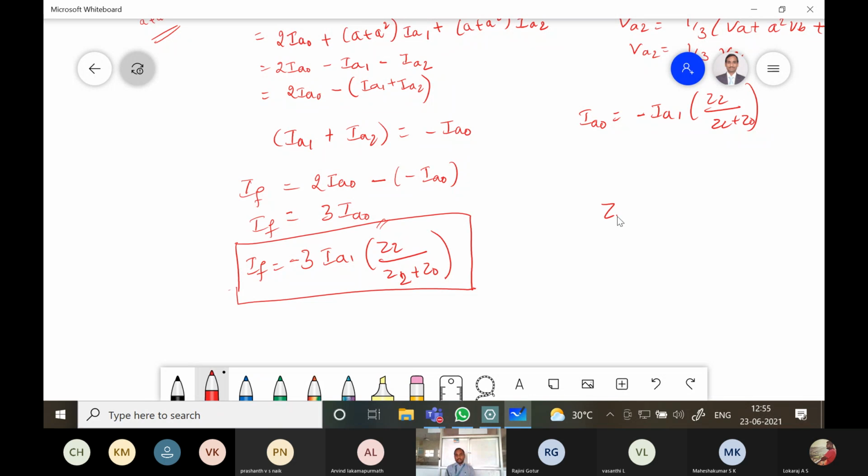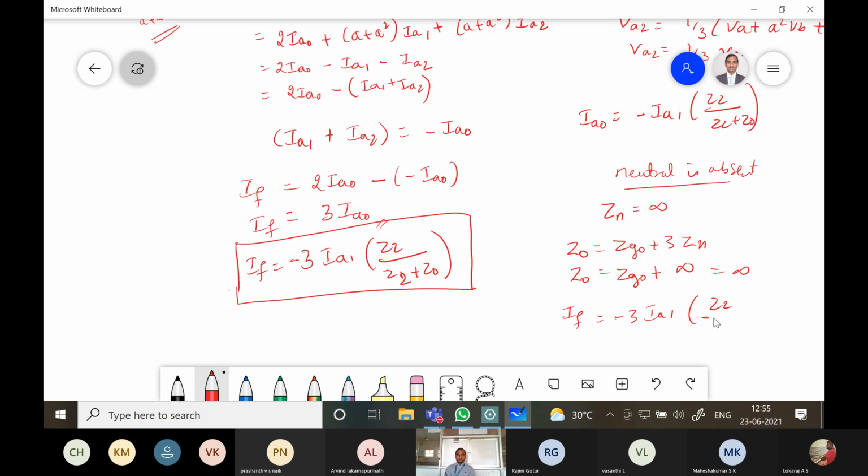Suppose Zn is not present, so if the neutral is absent, then your Zn is equal to infinity. Therefore Z0 is equal to Zg0 plus 3 times Zn. So Zg0 plus infinity, Z0 is infinity, hence your IF becomes minus 3 into IA1 into Z2 divided by Z2 plus infinity.